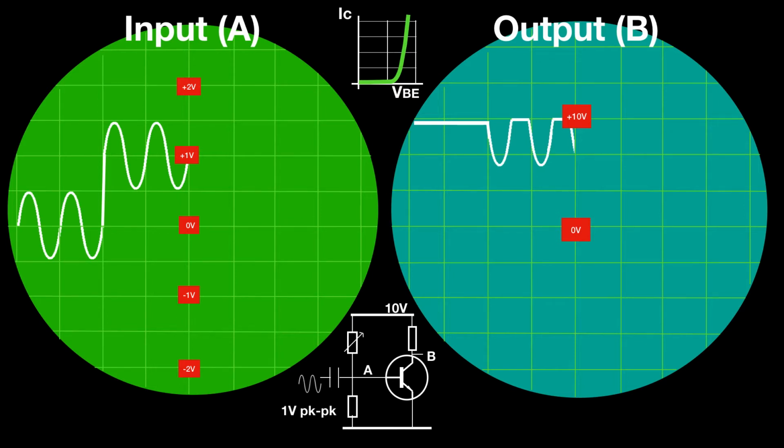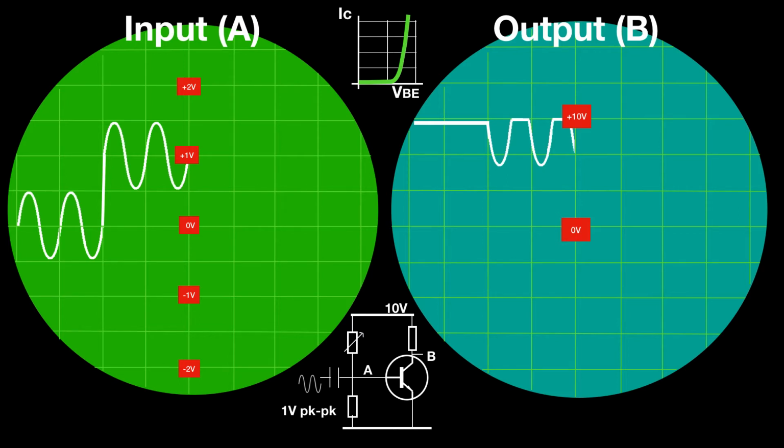And as current flows through that increasingly, then a voltage will be developed across the load resistor. And therefore, the voltage at B will go down. As the input waveform goes negative, it will decrease the amount of current flowing through the transistor, and therefore the voltage on B will go up.